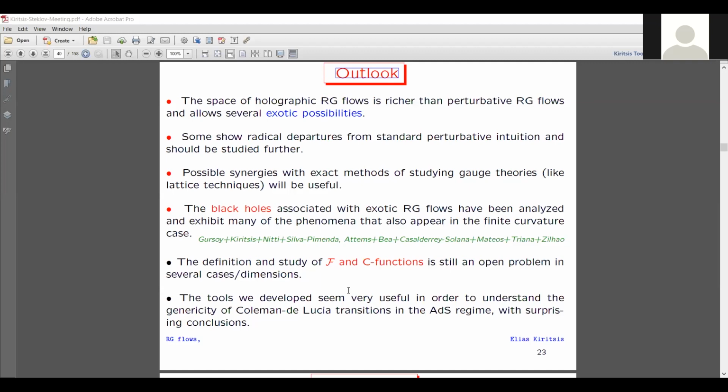Now, Coleman and De Luccia, by making the thin wall approximation, managed, of course, to solve the equations. And that gave the impression that you can find such instantons generically. That apparently is not the case. In fact, the thin wall approximation is probably never valid in the holographic setup. And moreover, if you want to find such instantons, you need very highly tuned situations, which I didn't have time to show you, but they look similar to the skipping flows I showed you before.